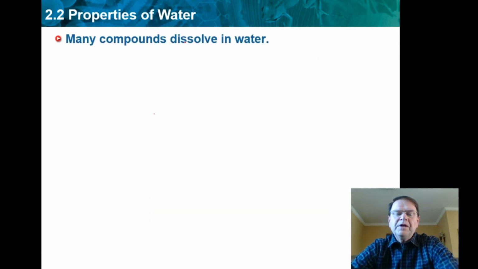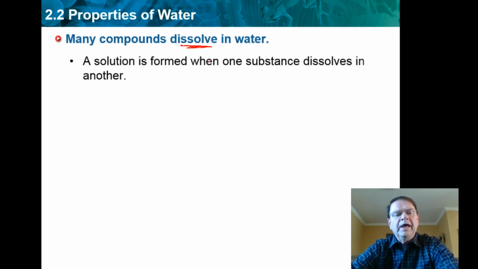And the second property that I want to focus on right now is the fact that water is able to dissolve many, many substances into itself. And what is formed is what we call a solution. There are many kinds of substances that can dissolve into water, and therefore we often refer to this as a versatile solvent.